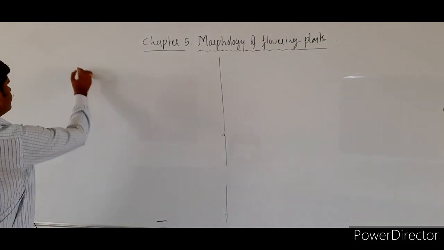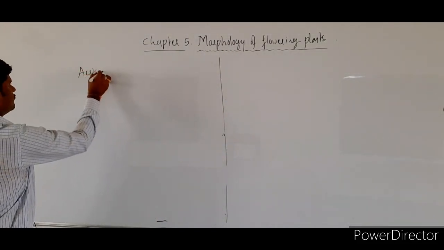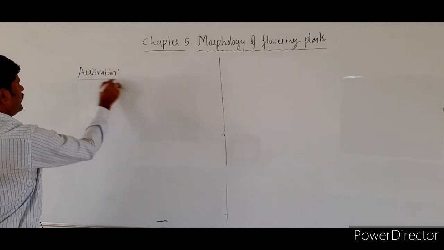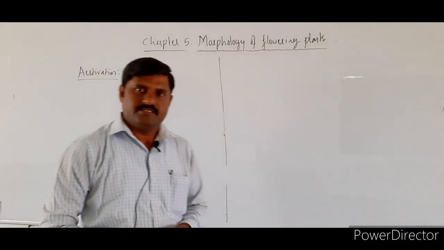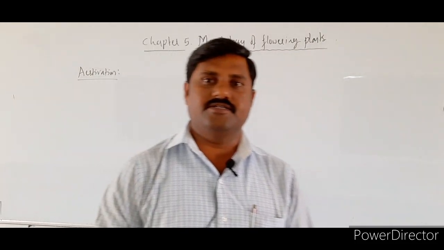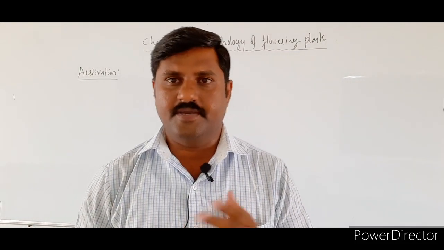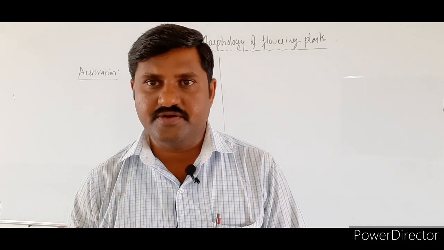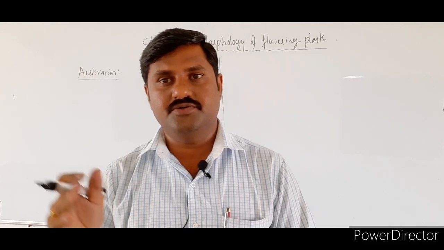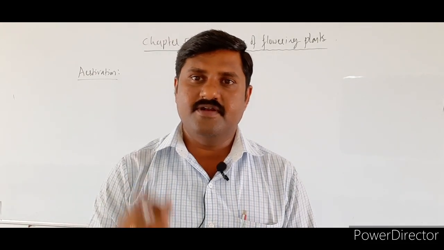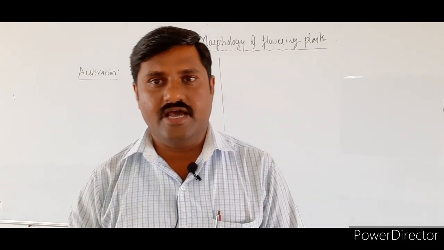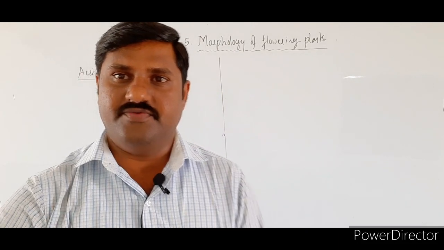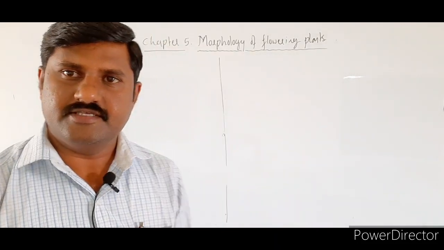Next important concept is estivation. What do you mean by estivation? This estivation is nothing but the arrangement of sepals as well as petals with respect to each other, or in relation to each other, in the flower. So that is estivation. Let's see the definition.